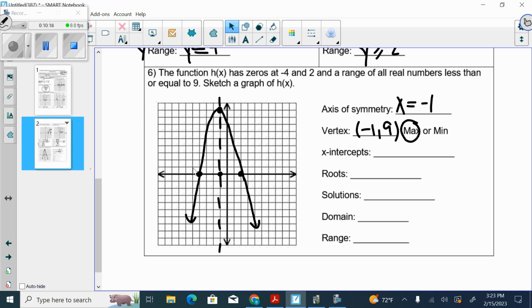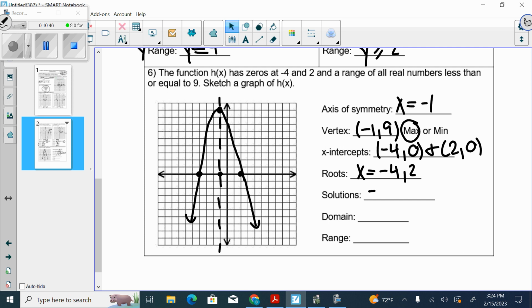Okay, it asks for the x-intercepts. Where are the x-intercepts? And good. Then it asks for the roots. What are roots? The same thing. So I've got roots at -4 and 2. Then it asks for the solutions. What do solutions mean?